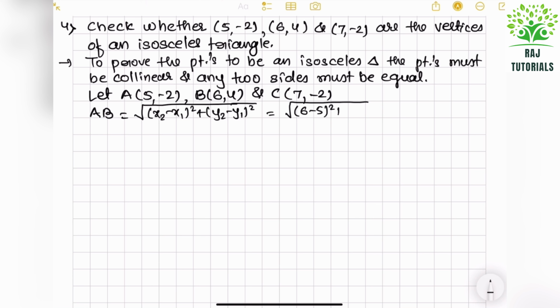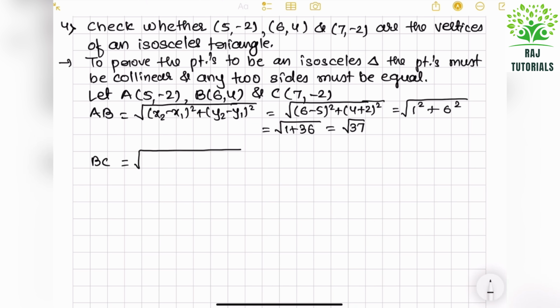So that will be equal to 6 minus 5 whole square plus 4 minus of minus, means plus 2. So this will be 1 square plus 6 square: 6 minus 5 is 1 and 4 plus 2 is 6. So this will be 1 plus 36, that is root 37.